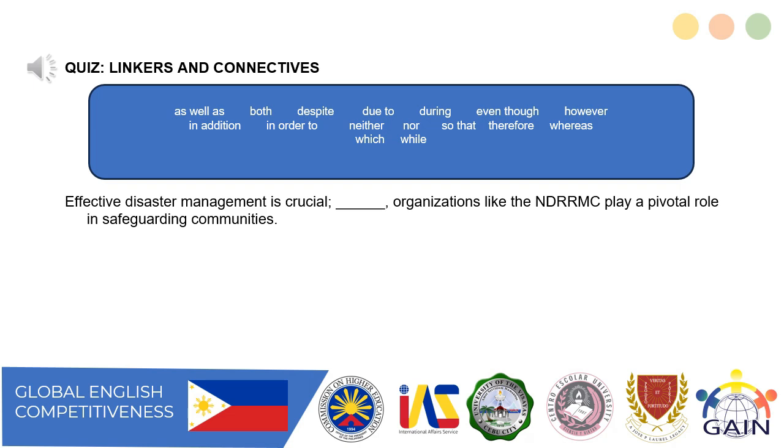In this case, your answer must be therefore. Why is that? Because it indicates a logical consequence or conclusion, emphasizing the importance of organizations like the NDRRMC in response to the crucial nature of effective disaster management.